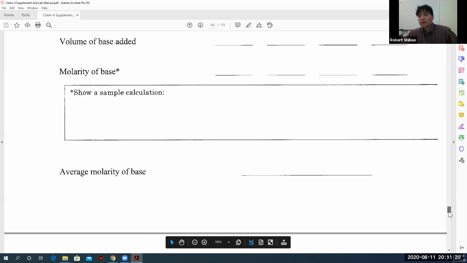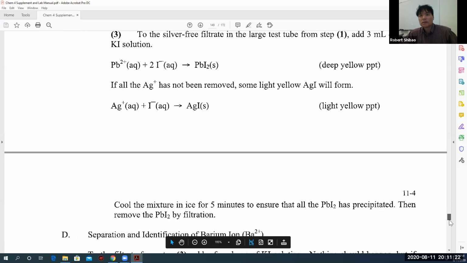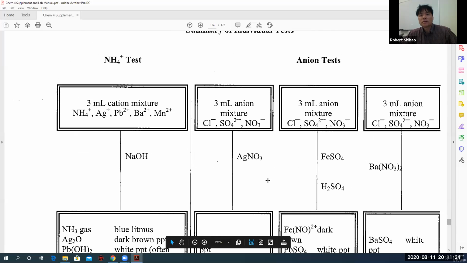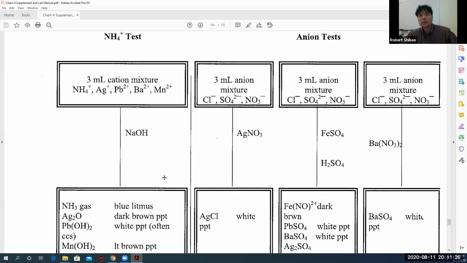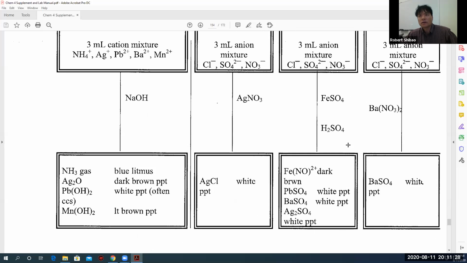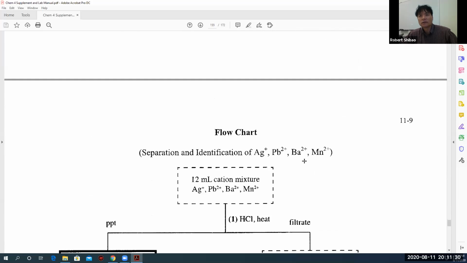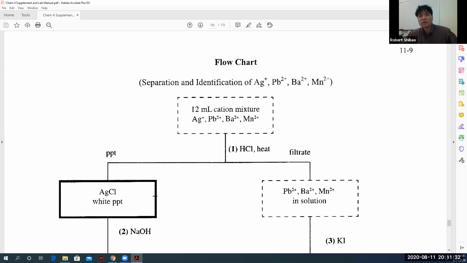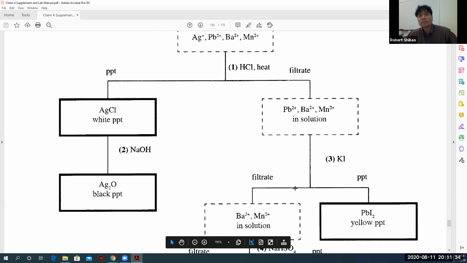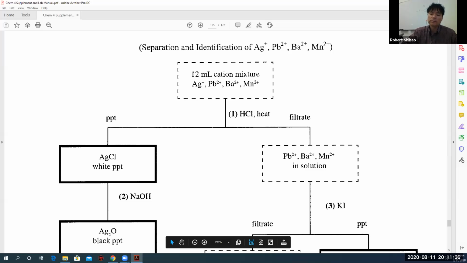Again, for the qualitative analysis, what I want to see is the flow chart and the equations for the reactions associated with each step. I didn't do all of them though. You just do the ones where you see a reaction.